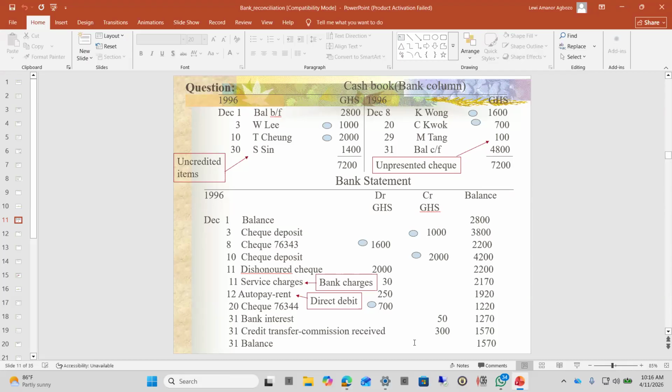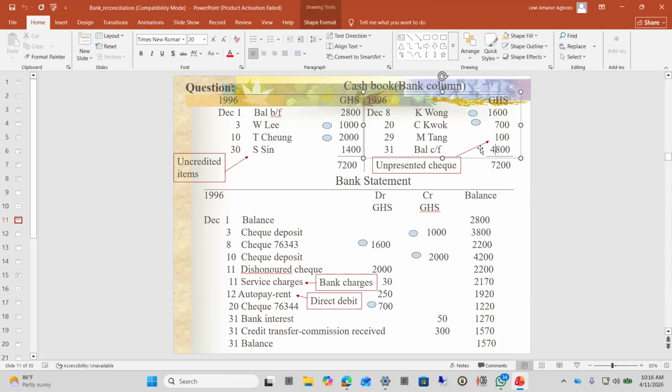That's balance brought forward. 31st December, balance brought forward, 4,800. And the same 31st December, commission received, that's a dash.